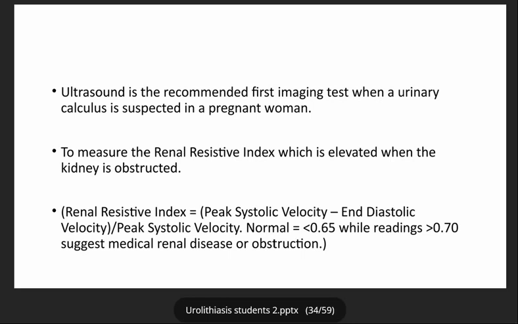To know if this hydronephrosis is physiologic from pregnancy or from obstruction by a stone, you do the resistive index, where you look at the blood flow in the ureter, with certain calculations. You don't have to know the details, just that there are maneuvers we can do with ultrasound to know if there is obstruction or not.